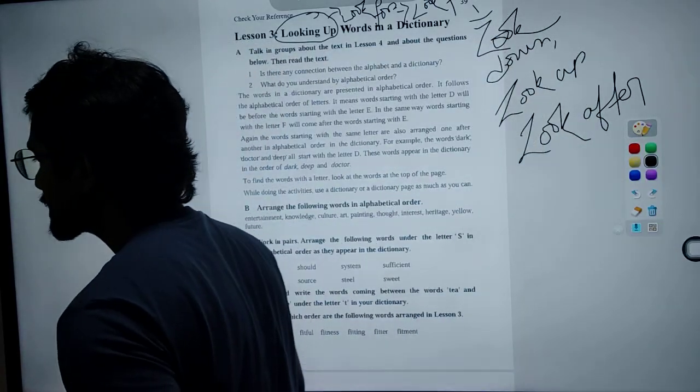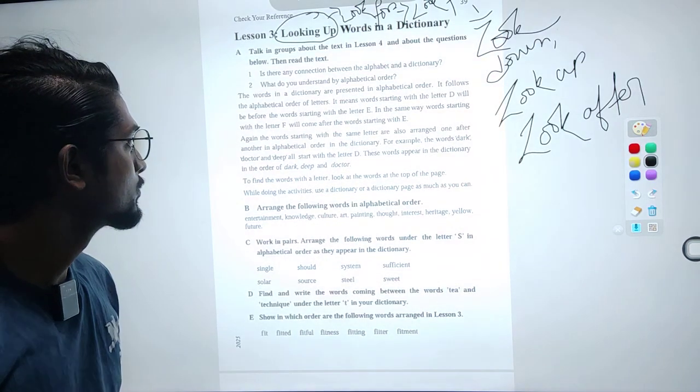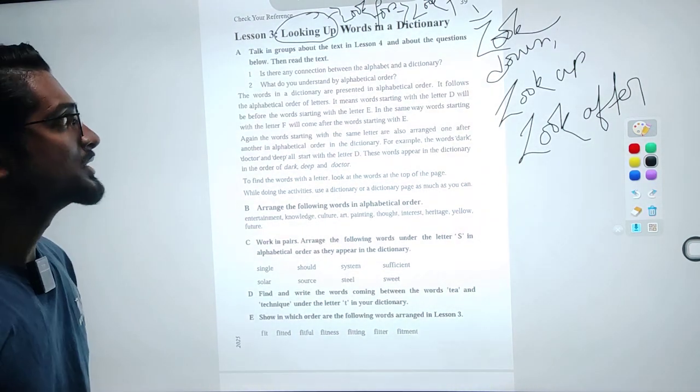So lots of new prepositions for you. So looking up words in a dictionary.